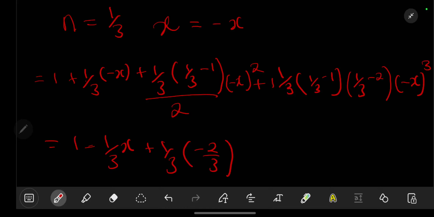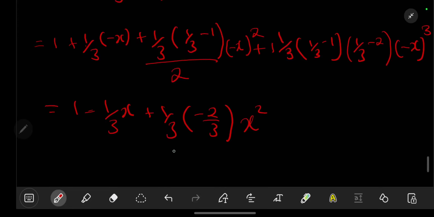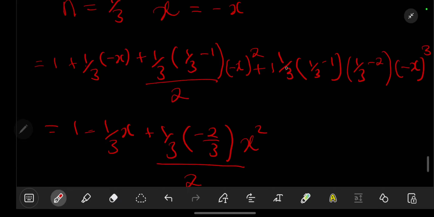Then we have negative x squared. It will be positive x squared if it is in brackets. Then here we have our over our 2. Then we are going to do the same. We are going to have plus our 1/3. 1/3 minus 1, it will be negative 2 over 3 like that.